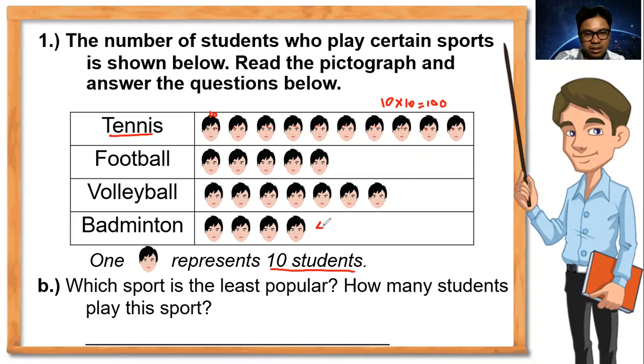So 4 times 10 equals 40. Correct? So the least popular sport is badminton. So you write there, badminton.